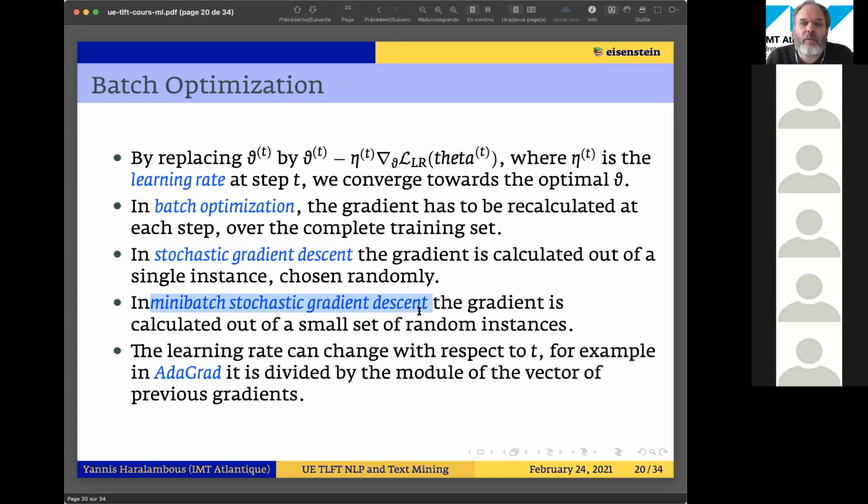It's a compromise because I can take a number of documents which is big enough to decrease variance, but small enough to be fast. And of course, the learning rate eta can change with respect to t. This is why I put here the parameter t, which is the number of steps. And at every step, I can change also my learning rate.